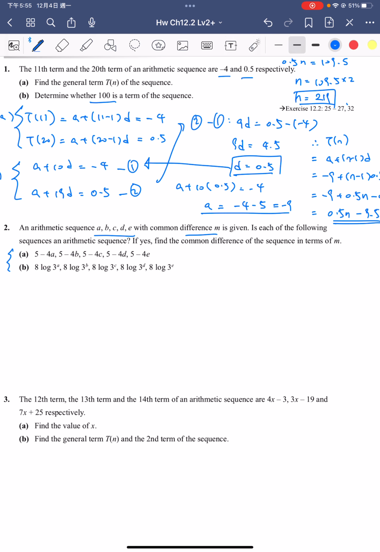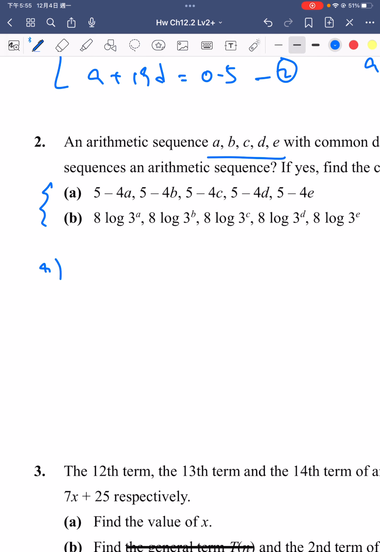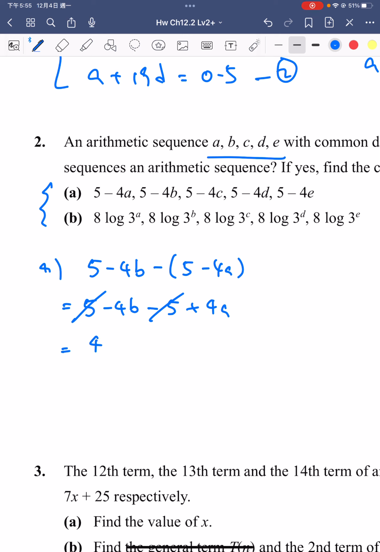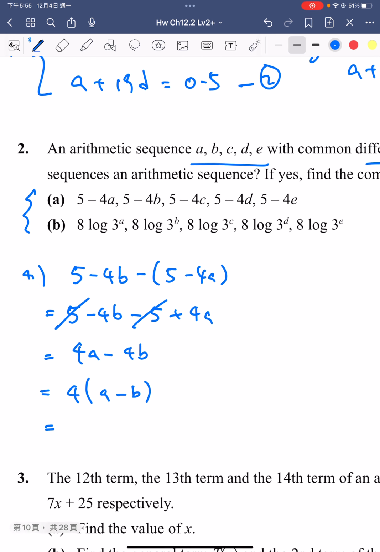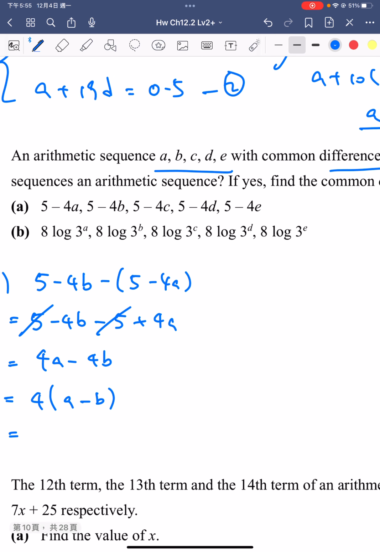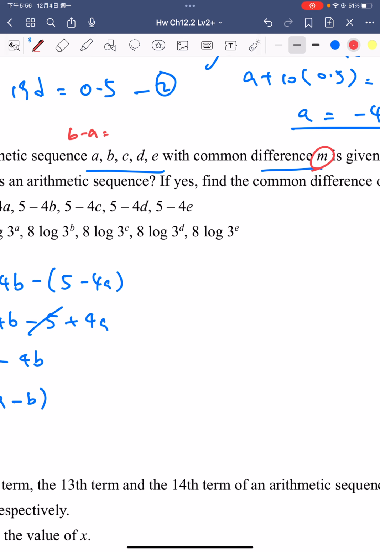For the first one, we can use 5 minus 4b minus (5 minus 4a). So this is equal to 5 minus 4b minus 5 plus 4a. So 5 is gone, and we have 4a minus 4b, which is equal to 4 times (a minus b). As we have b minus a being equal to our common difference m, a minus b is equal to -m.